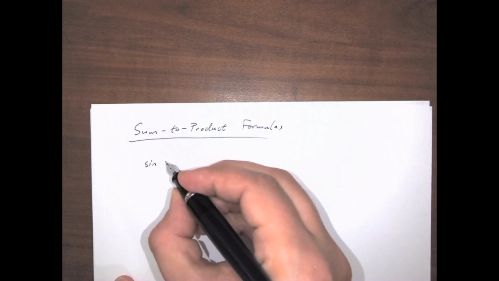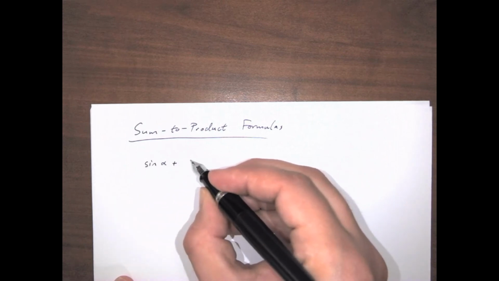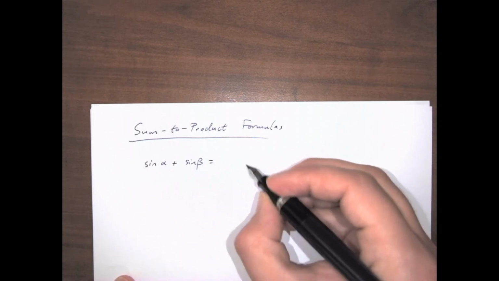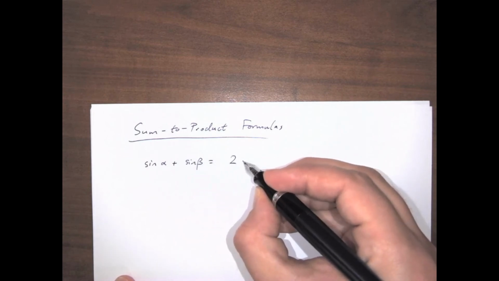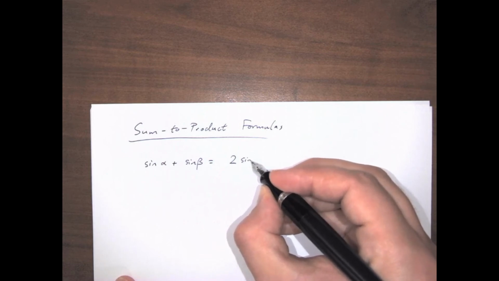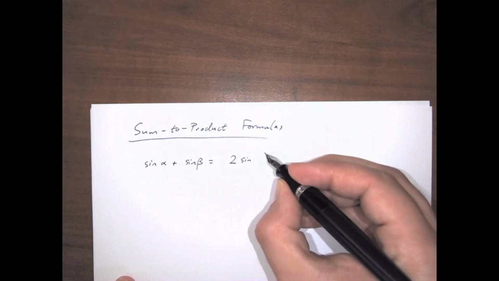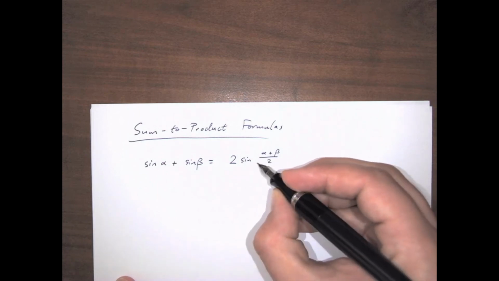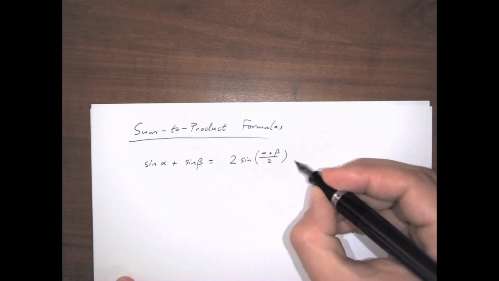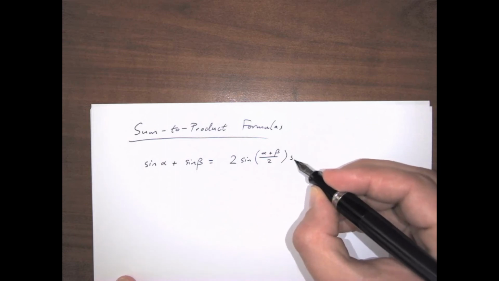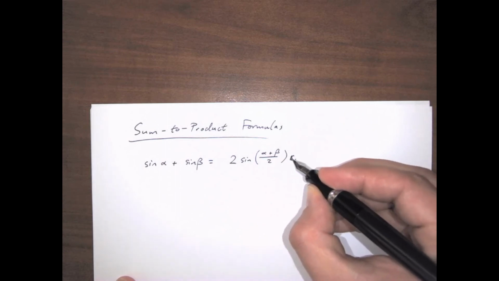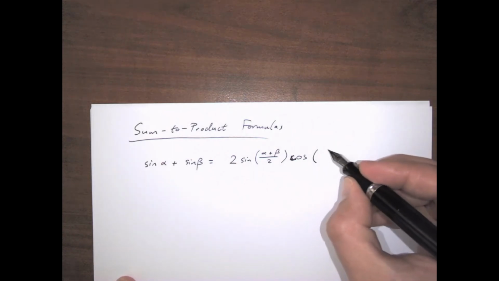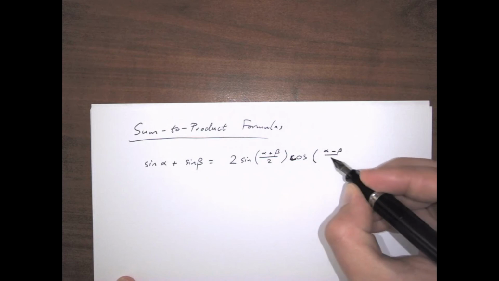So sine alpha plus sine beta is equal to 2 sine of alpha plus beta over 2, cosine of alpha minus beta over 2.